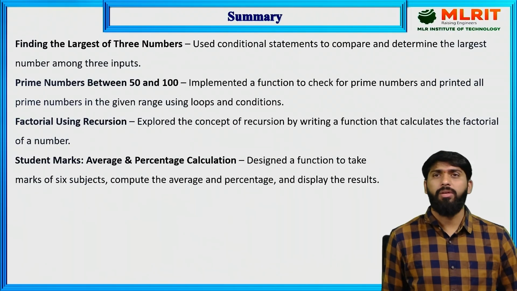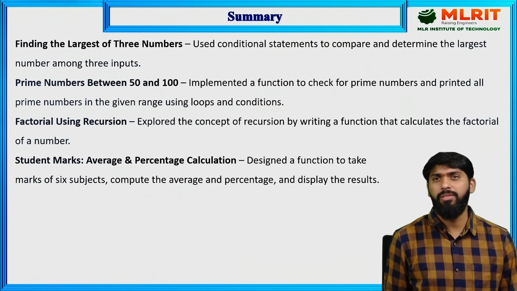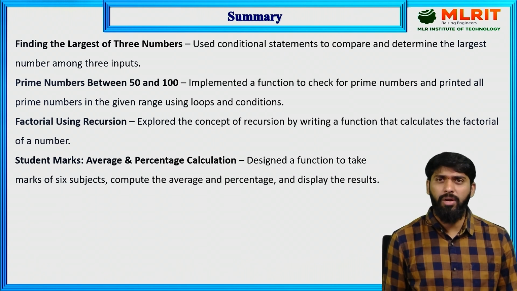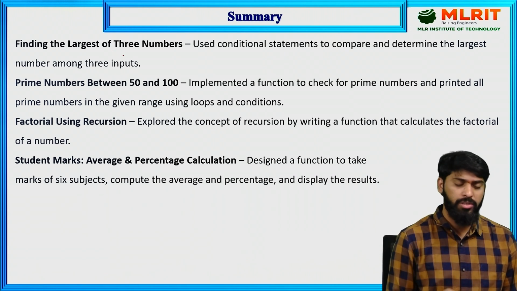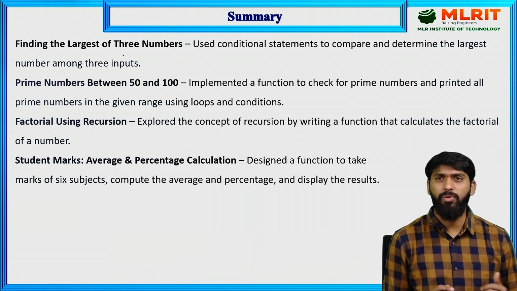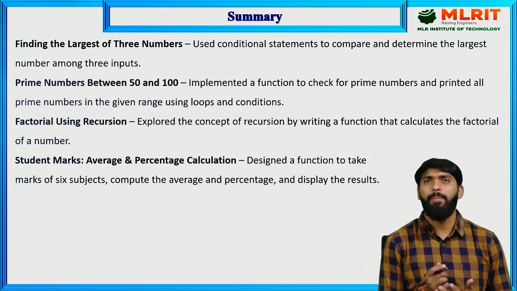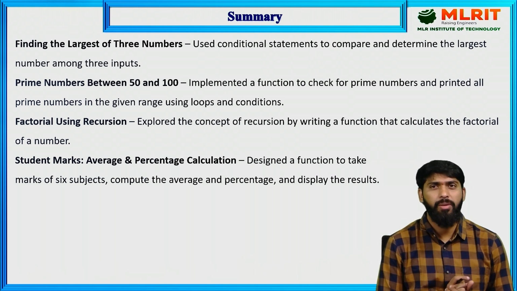Okay, so coming to the summary of the session. In this session we learned 4 important programs, and the first program is to find the largest of 3 numbers. In this program we used conditional statements to compare and determine the largest number among 3 inputs.